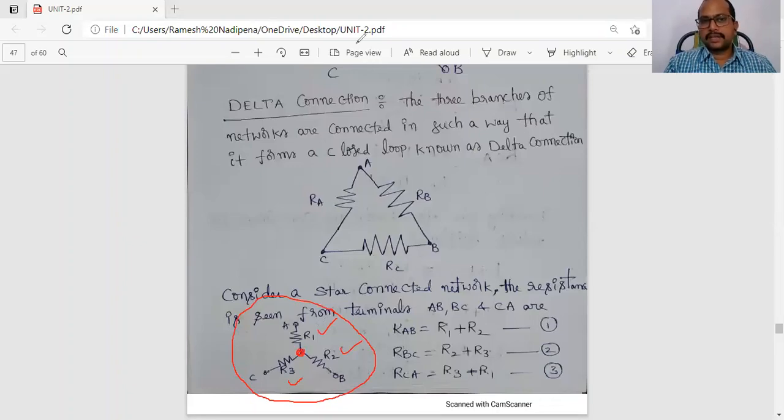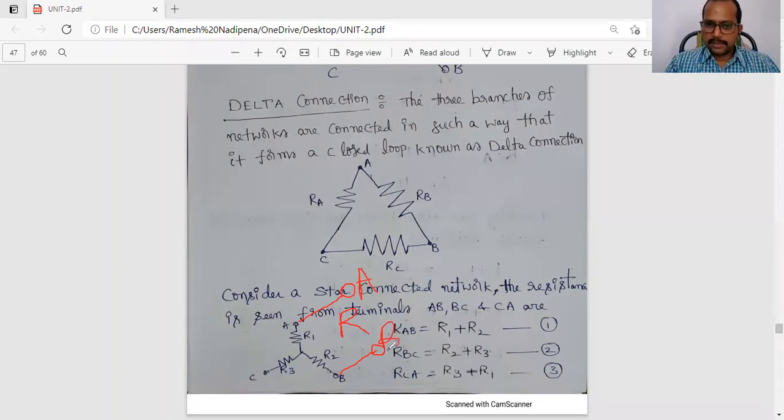So now consider the star network. From this star network, we have to calculate RAB, that means the equivalent resistance across the AB terminals. Listen carefully, my friends. This is terminal A, this is terminal B. For finding the equivalent resistance, the common procedure is to assume some current flow.